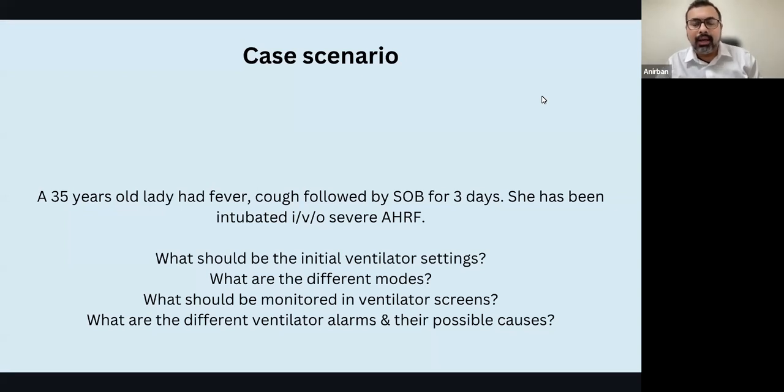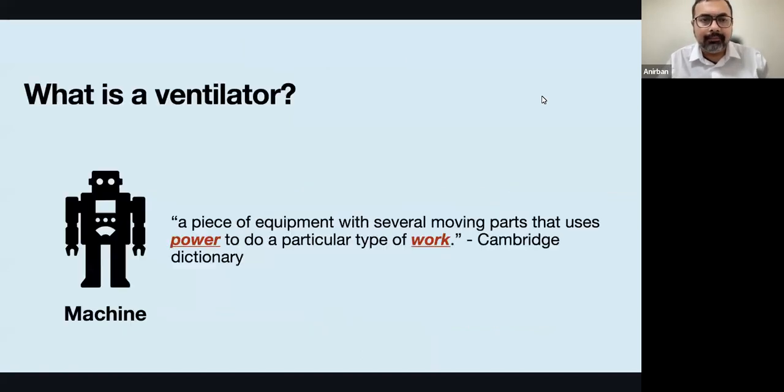So as a critical care nursing staff, you should be aware of the operation of a mechanical ventilator, what the initial ventilator settings are that need to be put, and how to monitor this patient on a ventilator. Today's discussion will empower you in some way to understand these basic prerequisites for effective ventilator therapy.